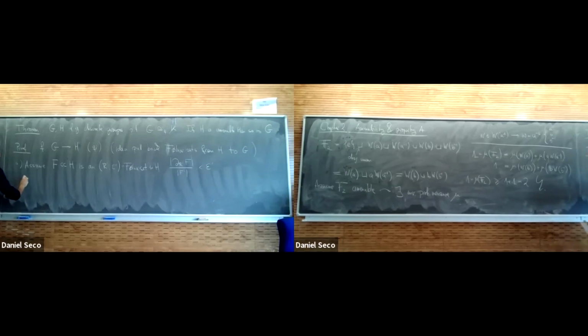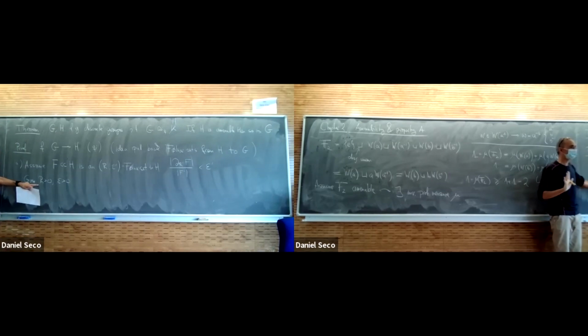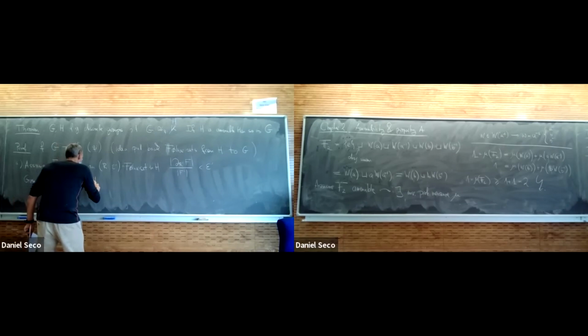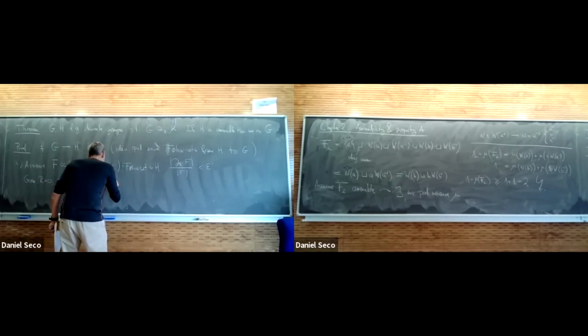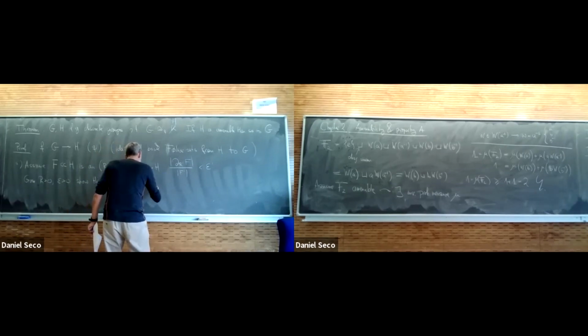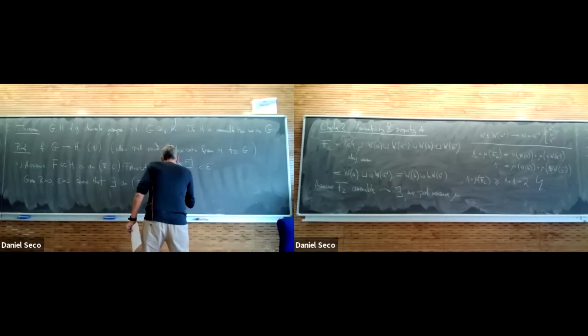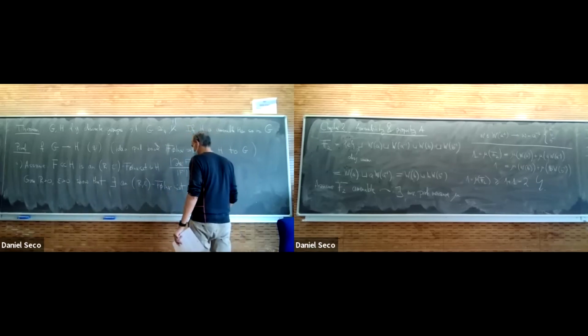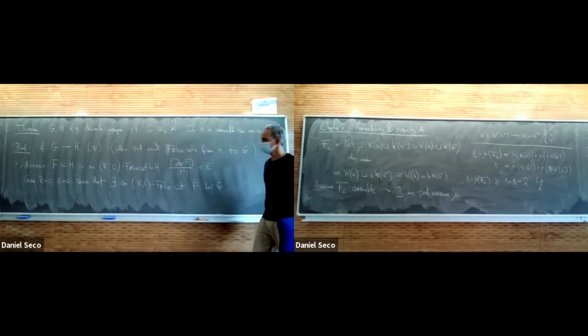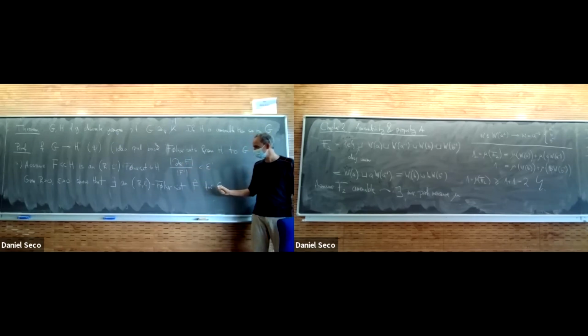And now, given R positive and epsilon, this is going to work on X, sorry, on G. Show that there exists an (R, epsilon) Følner set F hat for G. And then this R prime and epsilon prime will depend on R and epsilon.